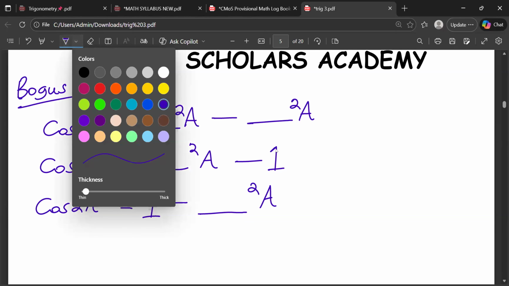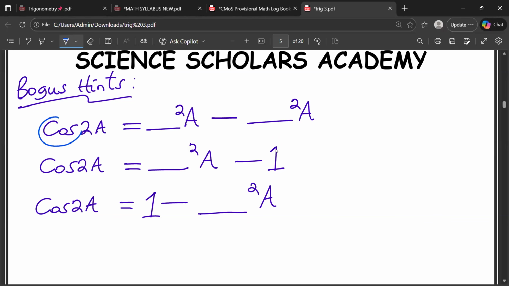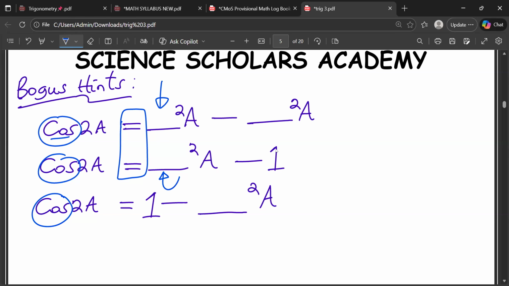Because this one is cos, the only thing that can come immediately after the equal sign is its brother, and the brother is cos.